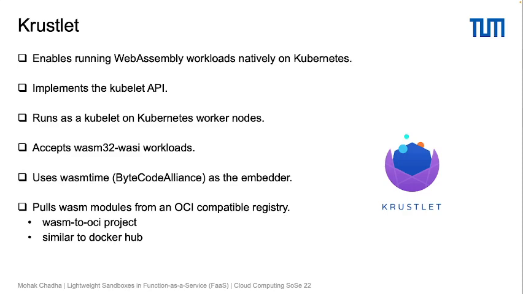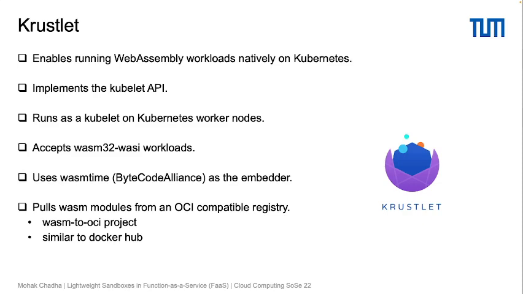There's also this really cool project called WASM to OCI. When you run Krustlet on your node, it is also responsible for pulling OCI-compliant WebAssembly modules, for example, how the Docker daemon would do it for you when you try to run any container in Kubernetes.